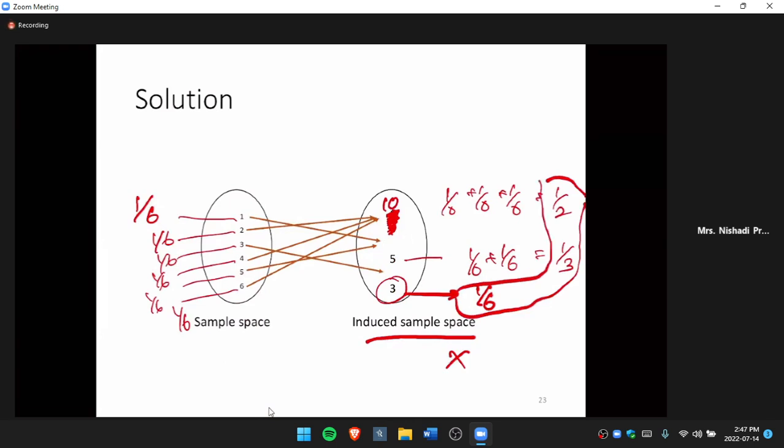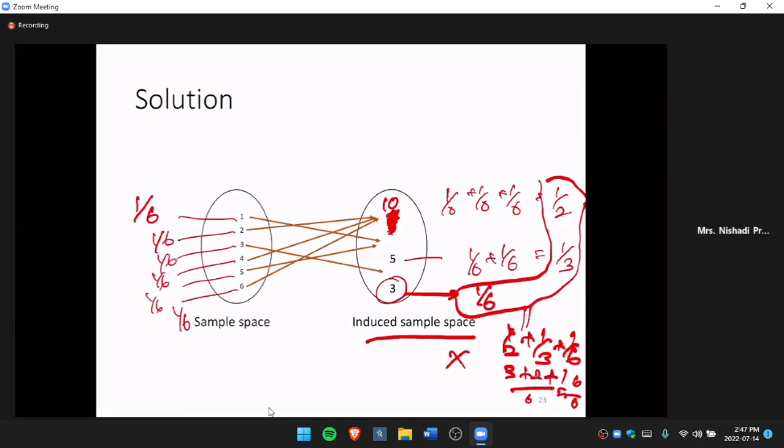It is better to add these probabilities to check that. 3 plus 2 plus 1 over 6, that is 6 over 6, which is 1. Which means we have found the induced sample space and their corresponding probabilities correctly. The total probability is 1.